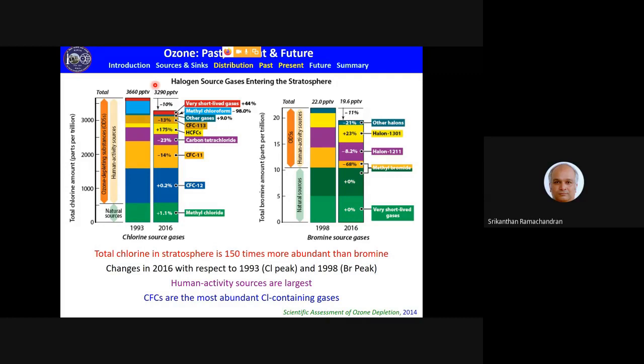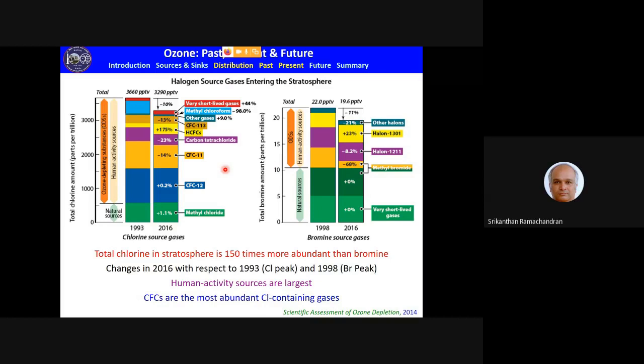So in a unit volume of air, how much is the gas, for example, chlorine or bromine. Here the values are given in pptv, parts per trillion by volume, that is 10 to the power of 12 in volume. That is such a low level of concentration that they are present.